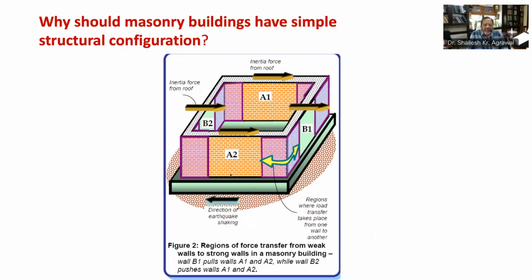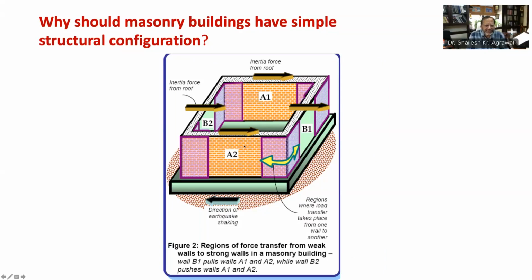Walls shaken in the weak direction seek support from the outer walls as shown in this figure. Walls B1 and B2 seek support from walls A1 and A2. Let me explain this further. Wall B1 pulls walls A1 and A2, while wall B2 pushes against them.